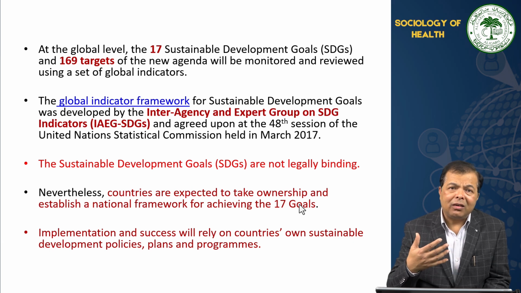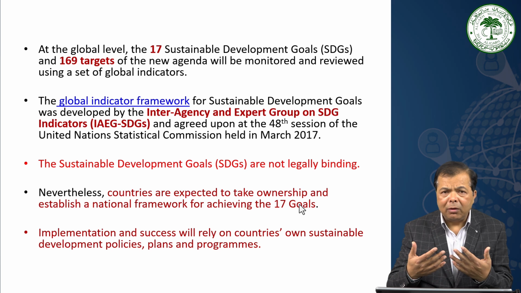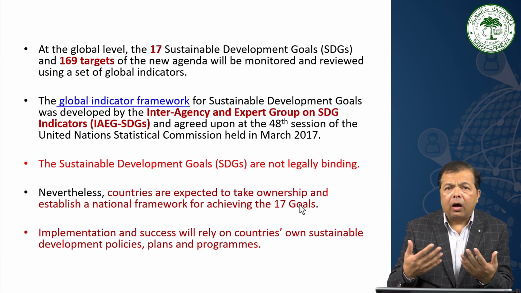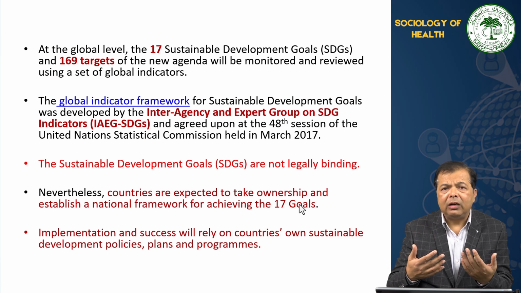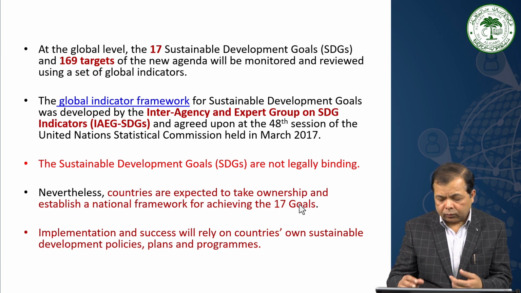That means the countries need to have their own sustainable development plans and policies. And so it would be expected from all the nation states to have their well-defined, comprehensive sustainable development plans.